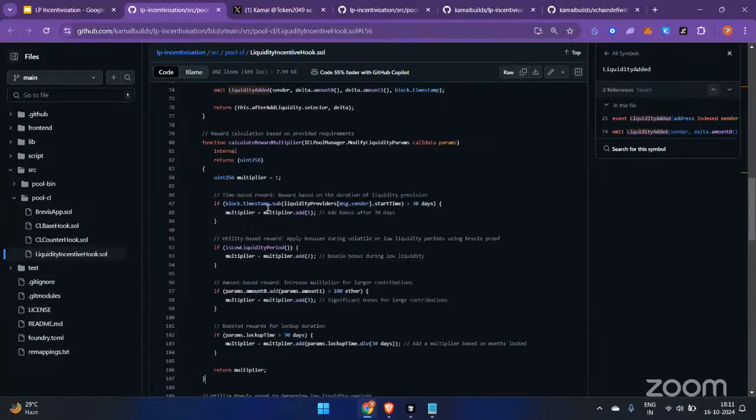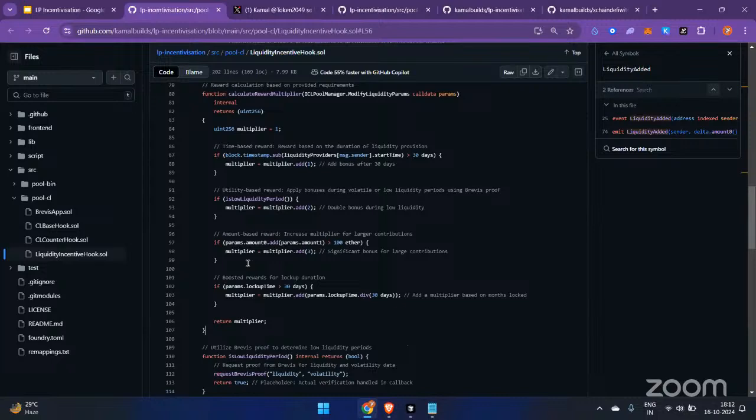So this is the time based reward, the utility based reward. I've made sure to add comments so that the contract is more readable. This is the time based reward, the utility based reward, the params. This is the amount based, and this is the boosted rewards for the lockup duration. If it is greater than 30 days, then a multiplier is added based on the months the liquidity provider has locked the liquidity.